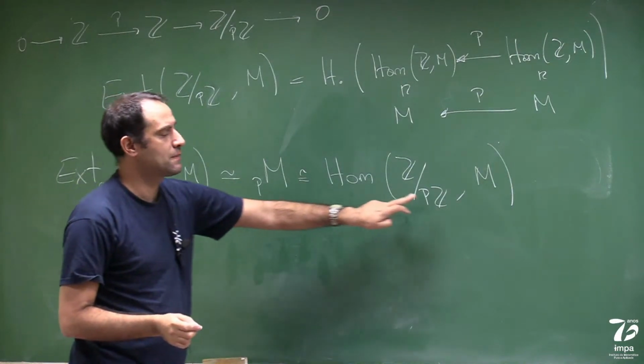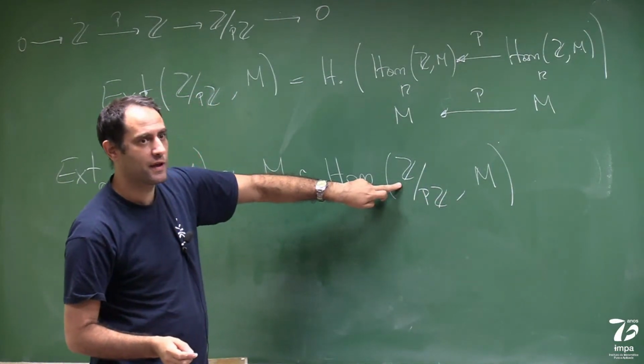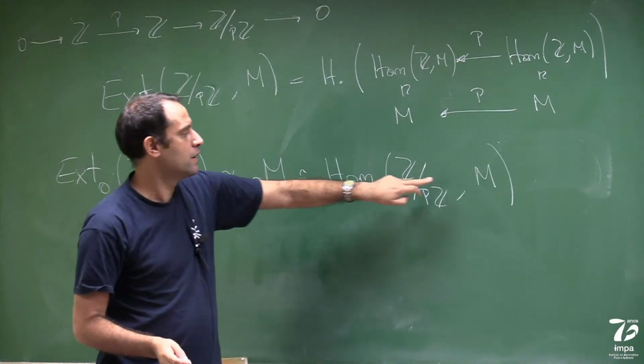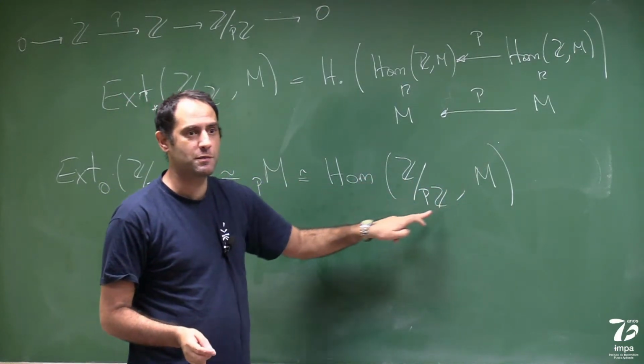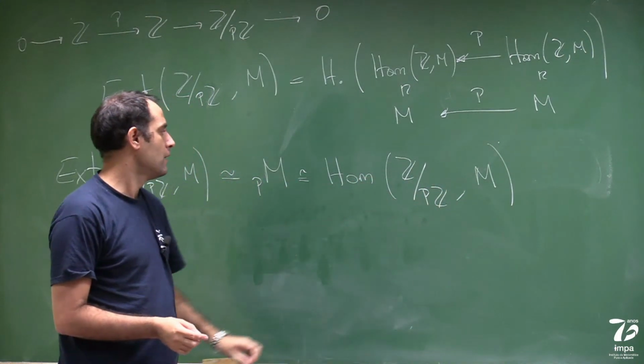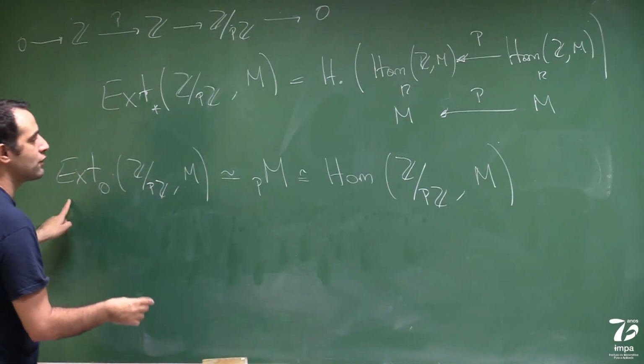Because any morphism like this is defined by the image of the generator of this group into M that needs to be killed by multiplication by p. So we expected Ext^0 to be our functor.